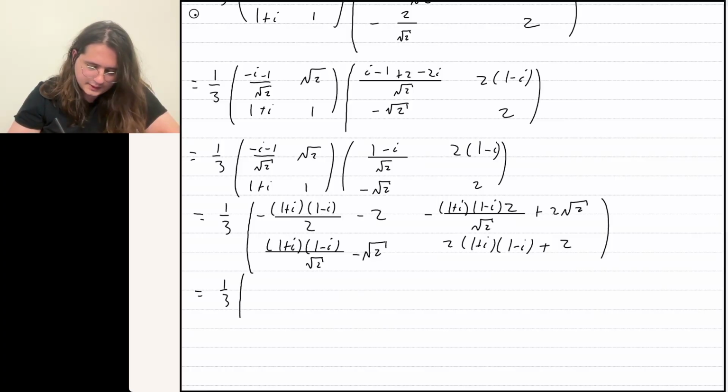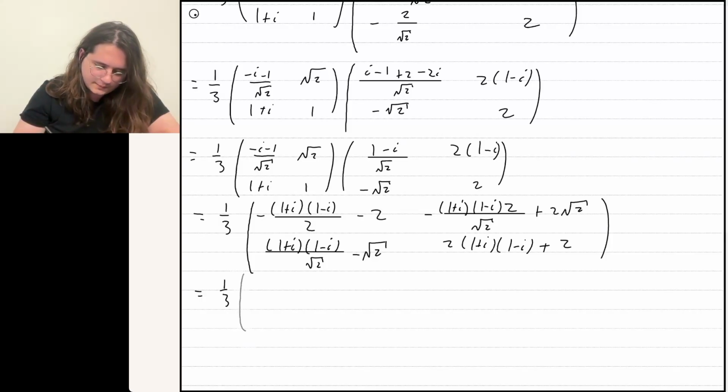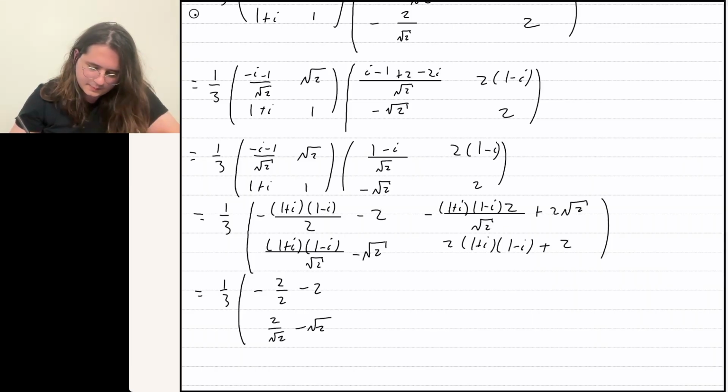All of these multiplications we've seen before, so we can simplify this greatly already. Because that's going to be minus 2 over 2 minus 2. That's going to be 2 over root 2 minus root 2. That is going to be minus 4 over root 2 plus 2 root 2. And this guy down here is going to be 4 plus 2. Right.